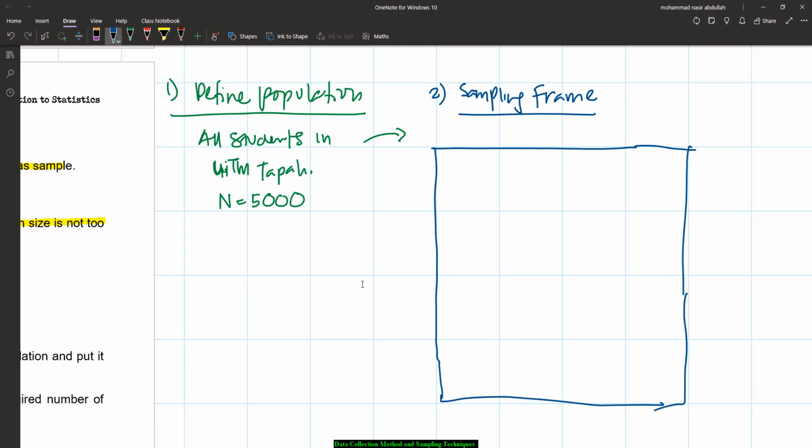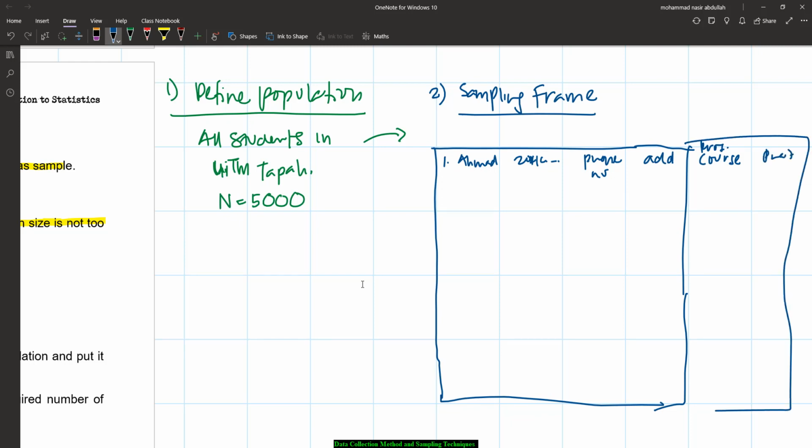So this is number 1, let's say Ahmad, with student number 2021-something, and then phone number, address, and then course, program, and part. For example, we take just these.